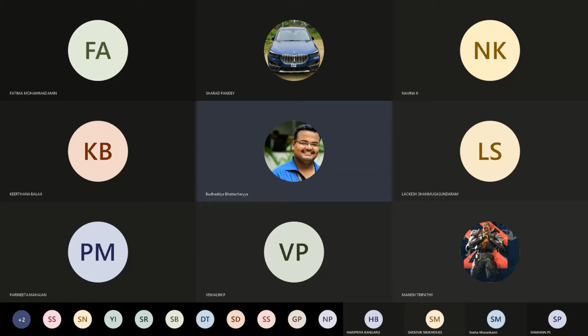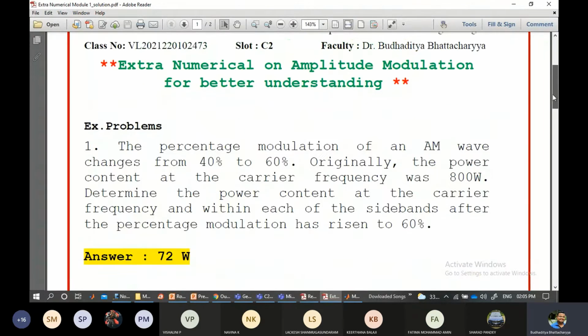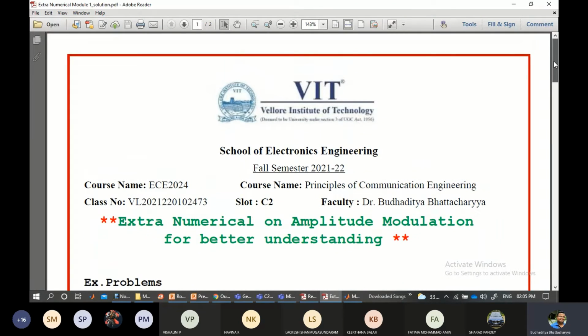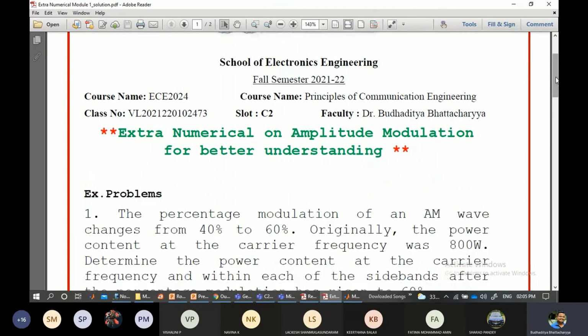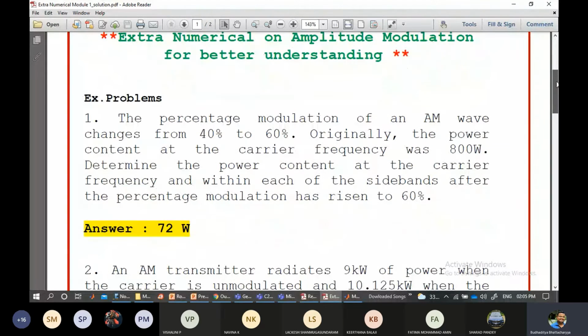I'll just open the questions that I have given, and let us try to solve them one by one. First of all, I'll ask how you are going to approach these questions. These are the questions which I have already uploaded for the course, and as you can understand, these are all for better understanding.